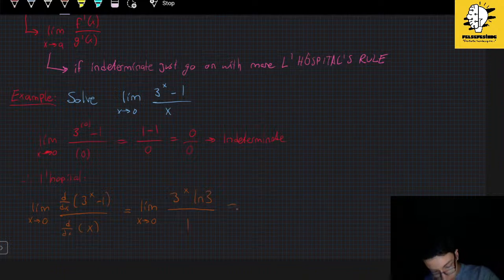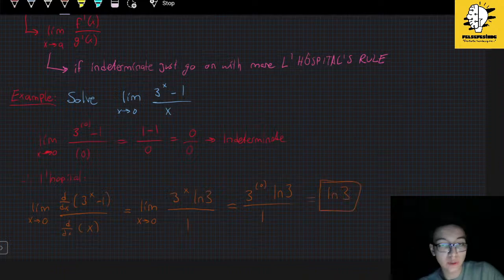So now let's substitute our 0 inside. 3 to the power 0 times ln 3 over 1. 3 to the power 0 is 1, right? ln 3 over 1. So is this indeterminate again?